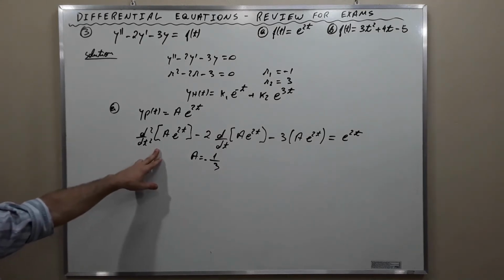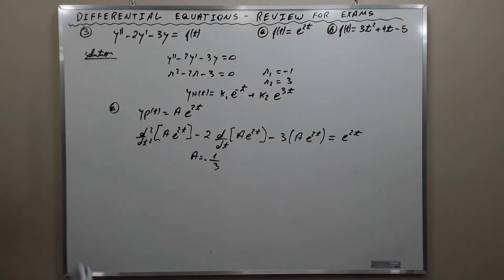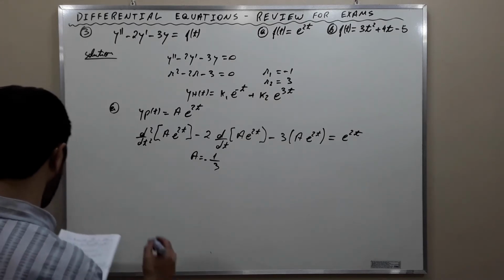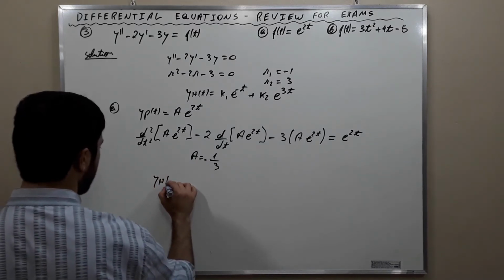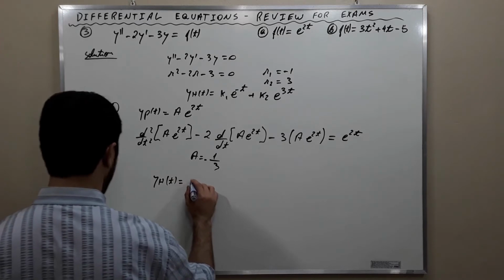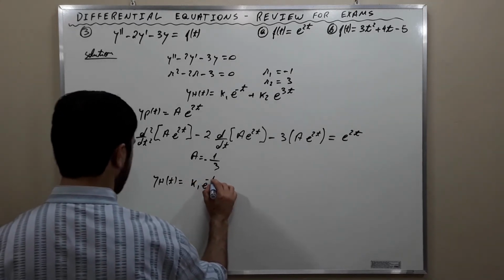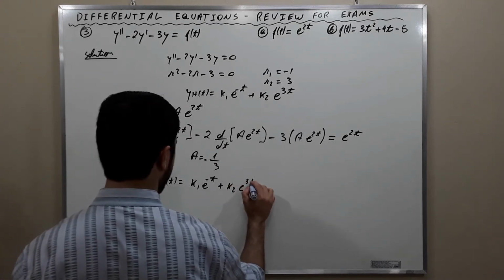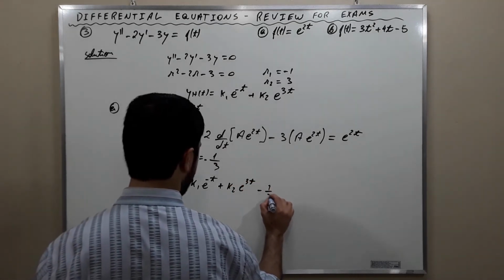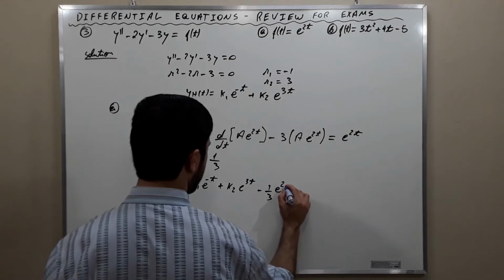We have to develop this. I already did. I invite you to try. And in this way, we find that the complete solution for letter A is y of t equal to k1 e to the minus t plus k2 e to the 3t minus 1/3 of e to the 2t.